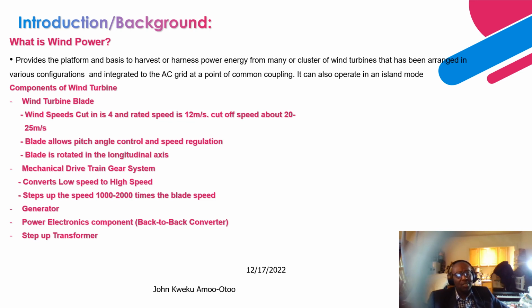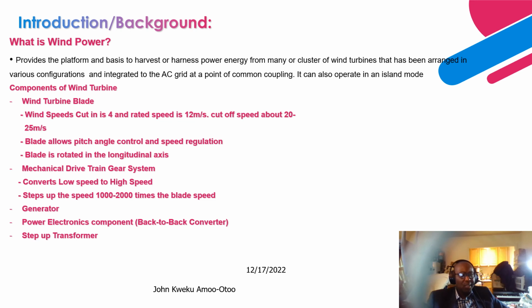The gear system converts the very low revolutions per minute of the low speed shaft, multiplying it by between 1,000 to 2,000 times to achieve the higher speed required by the generator to generate the required electric power to form a wind farm and integrate it to the grid.